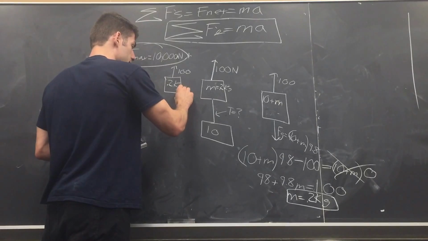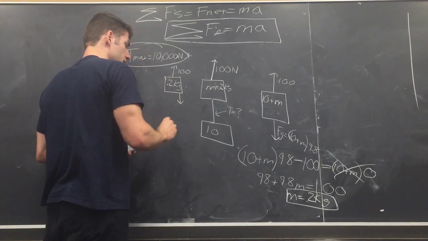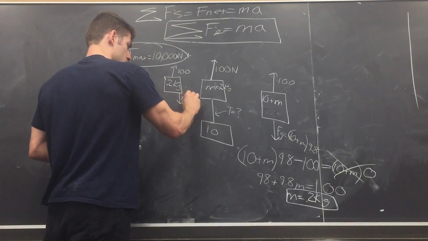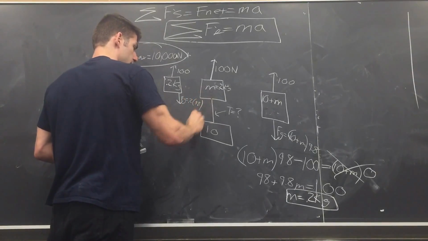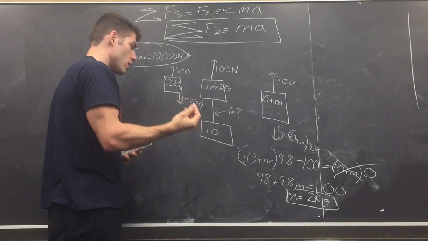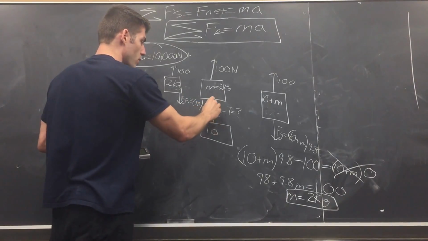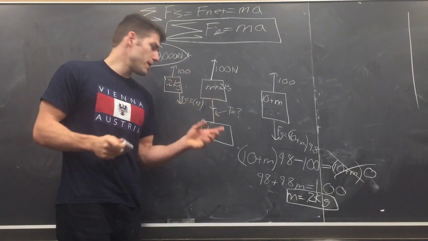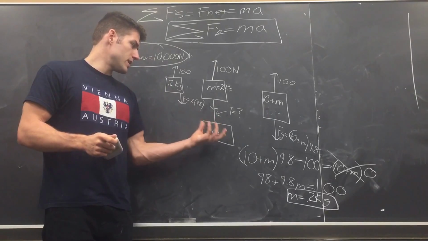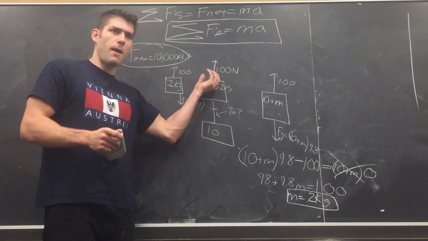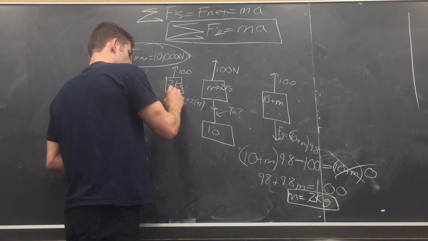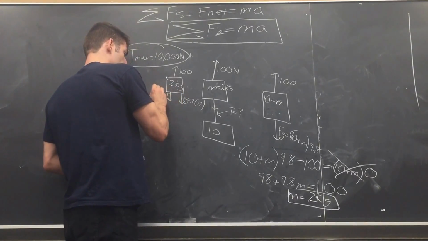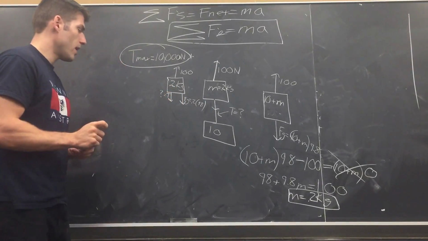There's a force of gravity of this block itself, which is equal to 0.2 times 9.8. There's also going to be a force tension. There's a rope pulling it. The tension is basically brought about by the 10 kilogram thing pulling the top block down, so the tension in the rope is pulling it down as well. And that's what we don't know. That's what we want to find out.